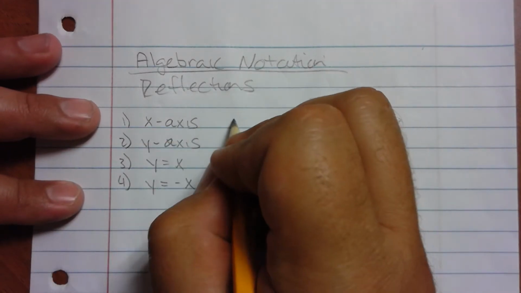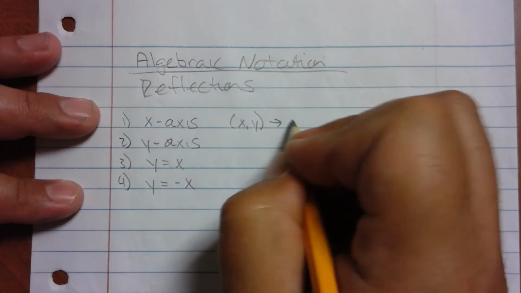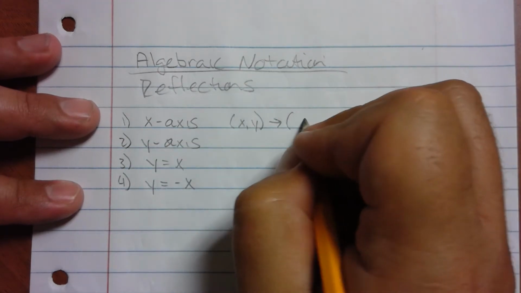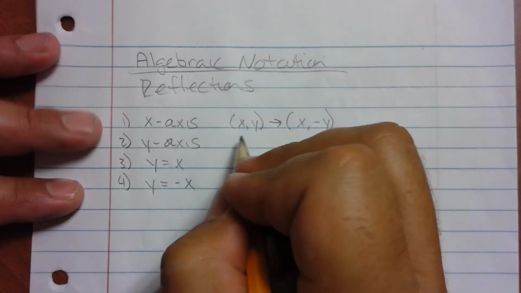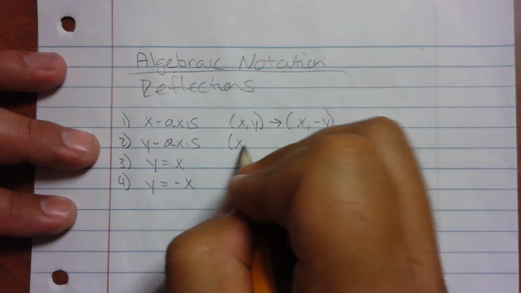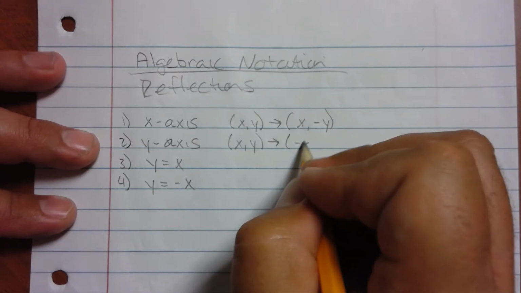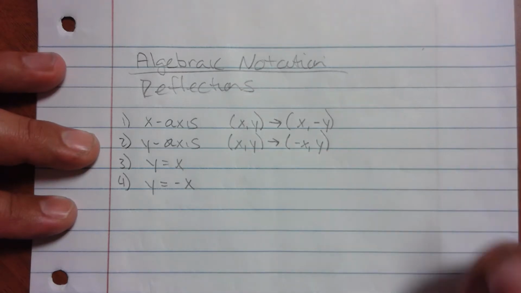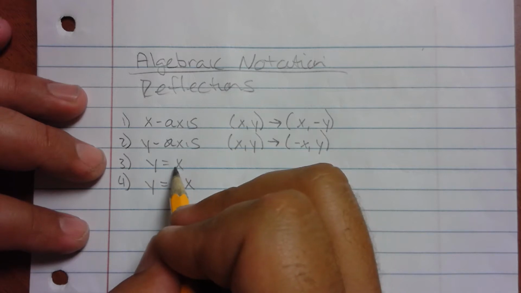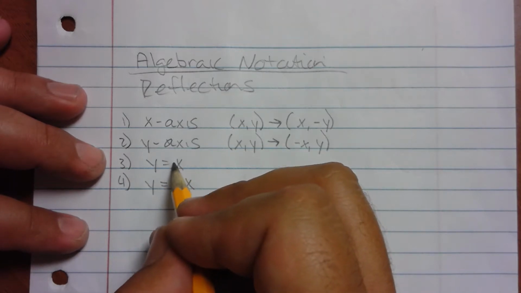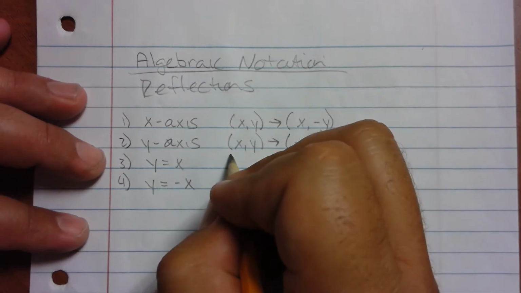The algebraic rule for the x-axis: you're going to take your pre-image, and your image over the x-axis, you are just changing the sign of the y-coordinate. For the y-axis, all you do is change the sign of the x-coordinate. The line y equals x is a line that goes through the origin with a slope of 1. The y-intercept, the plus b, is 0, so it's going through the origin.